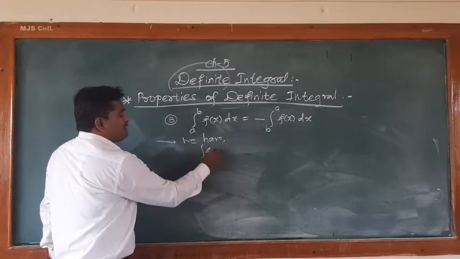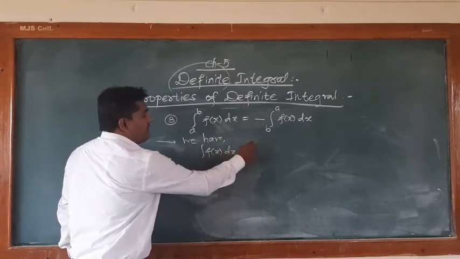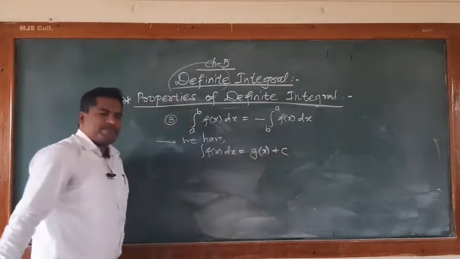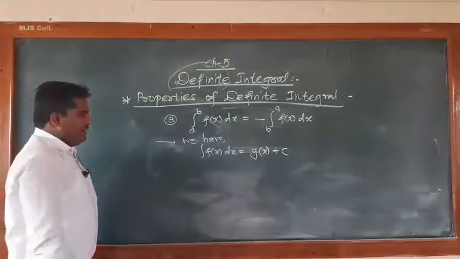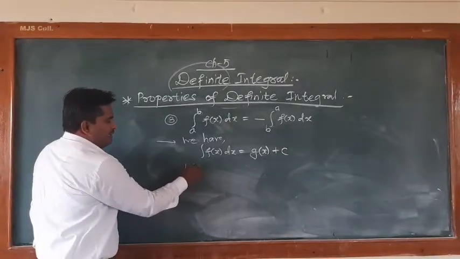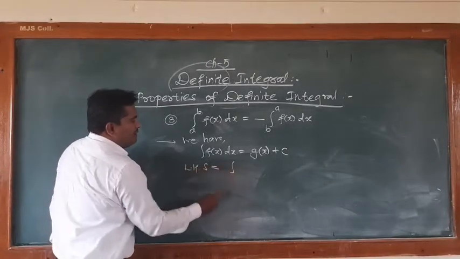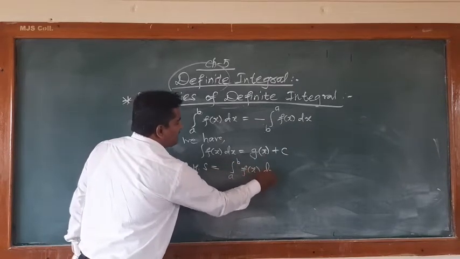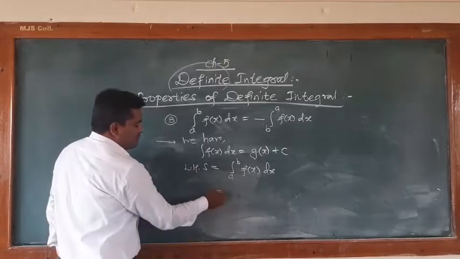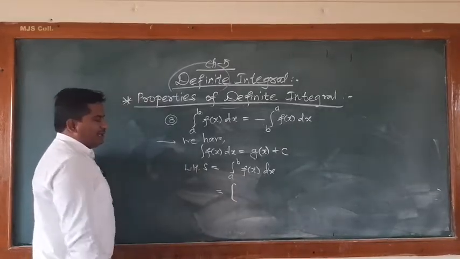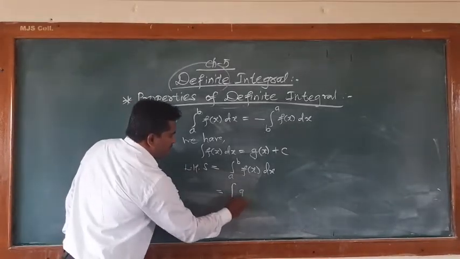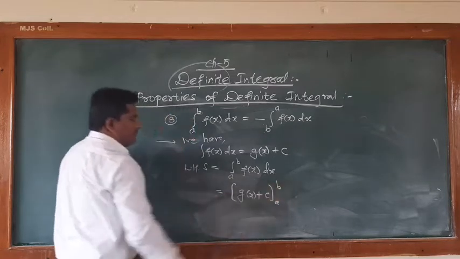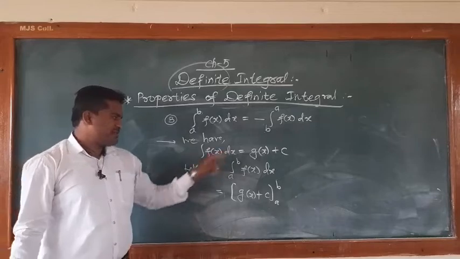integration of f of x with respect to dx is equal to g of x plus c. By definition of indefinite integral, LHS is integration of a to b f of x dx. We know that the integral is g of x plus c, that means the integral of f of x with respect to dx.